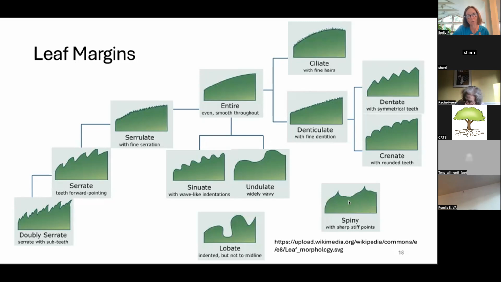And then we have spiny when it has sharp, stiff points. I didn't think that lent itself towards dentate, and I didn't think that it lent itself to serrate. So these two are sort of our wild cards that sit on the bottom. And hopefully this makes sense to you because here we go.